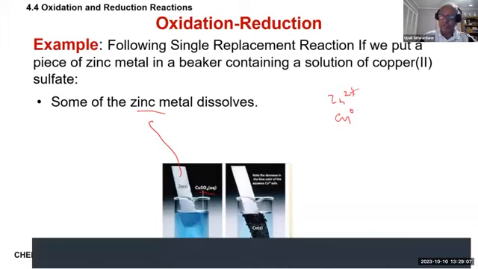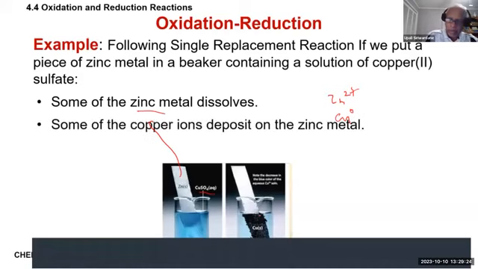Metal has no charge. We call it copper 0. So this dark coat on the zinc metal is copper. Therefore, this reaction is between copper and zinc metal.